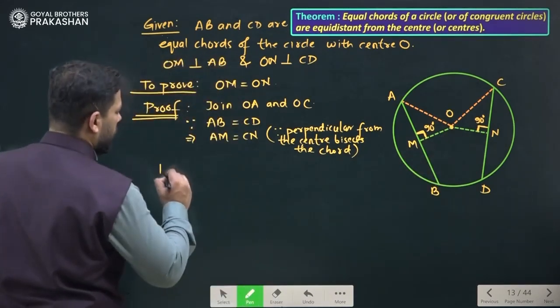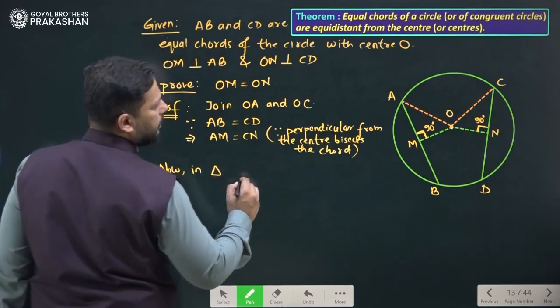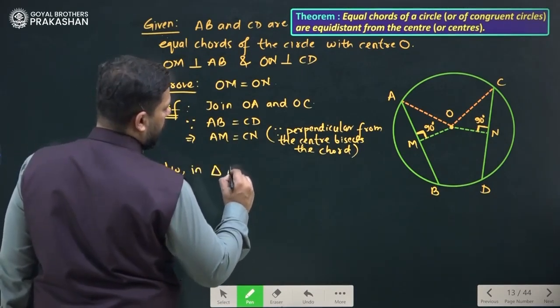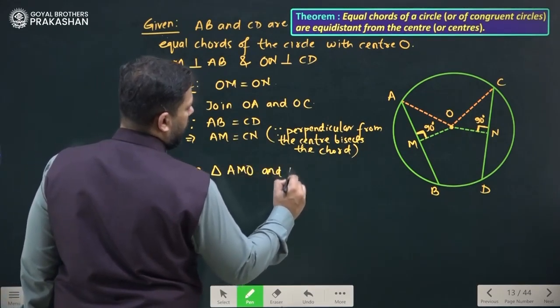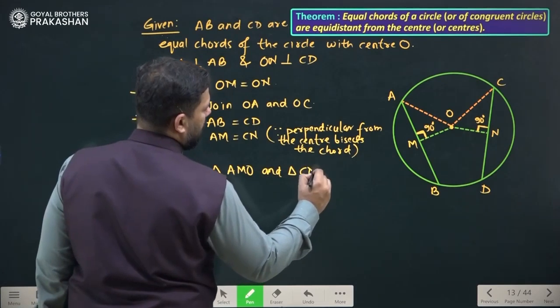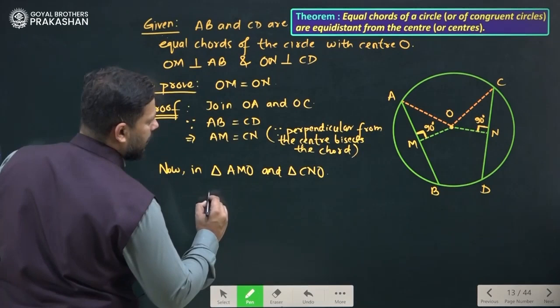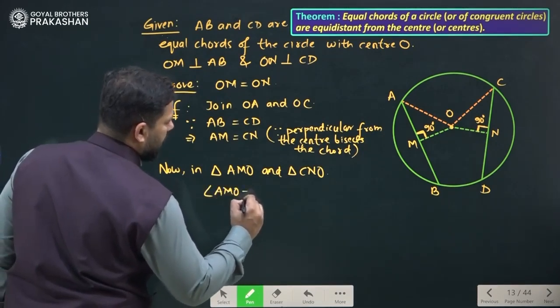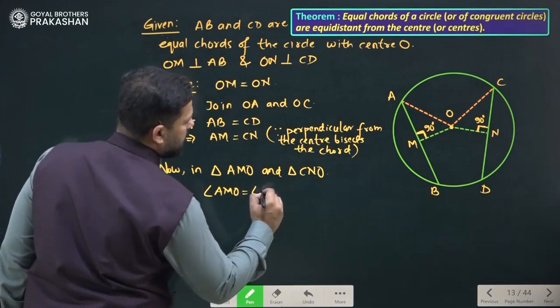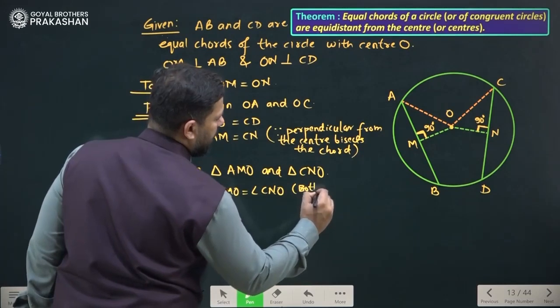So now let us take triangle AMO and triangle CNO. What do we see over there? The very first thing is angle AMO is equal to angle CNO, both 90 degrees.